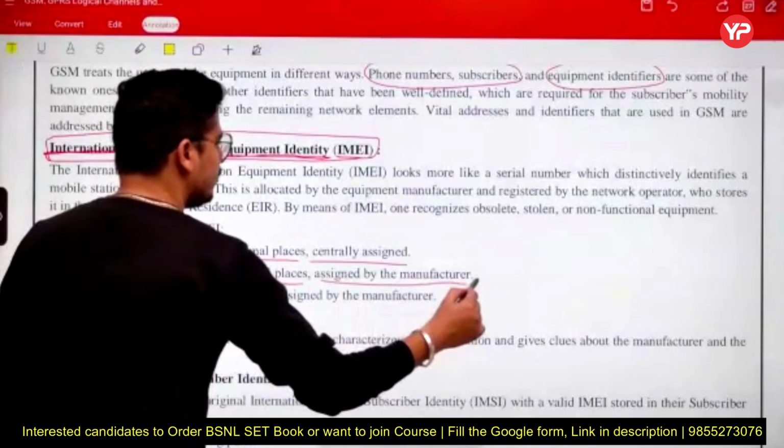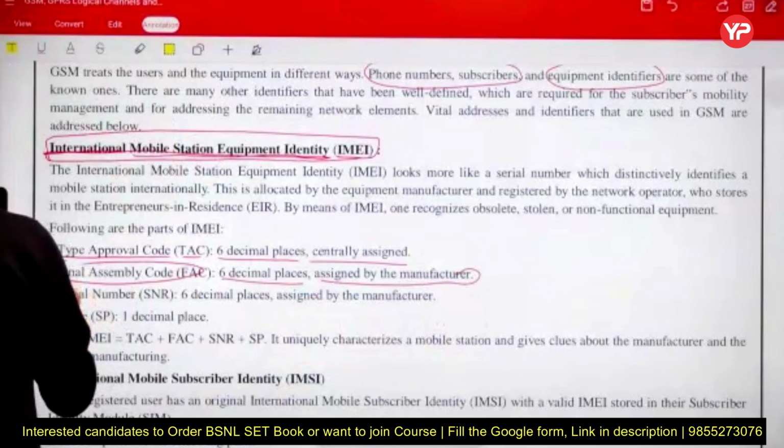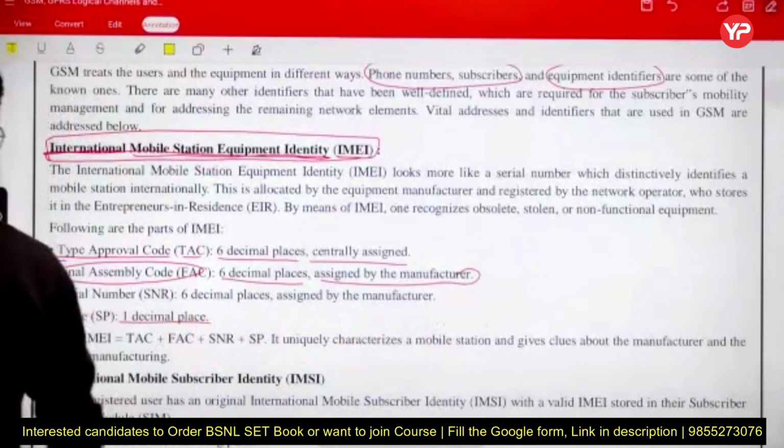Another one is the serial number, SNR. That is also 6 decimal places and is also assigned by your manufacturer, right? And another one is spare. It is a one decimal place code.